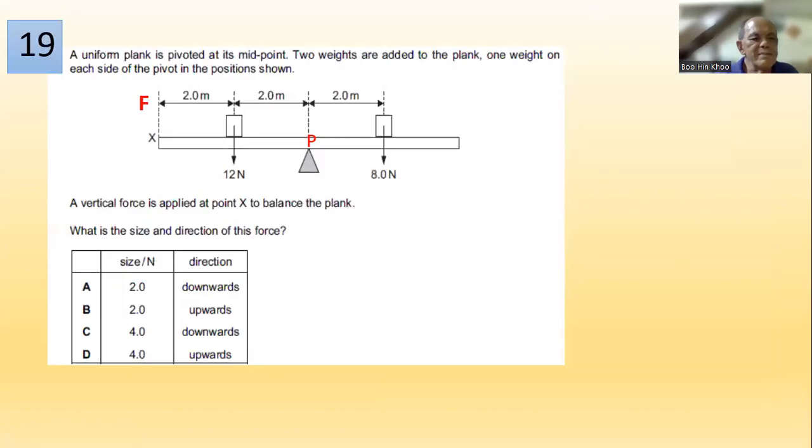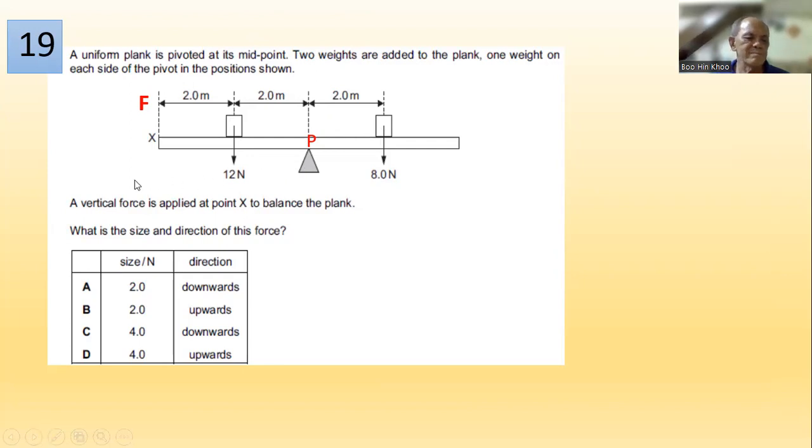The uniform plank is pivoted at its midpoint. Two weights are added to the plank, one weight on each side of the pivot in the position shown. That's your weight.